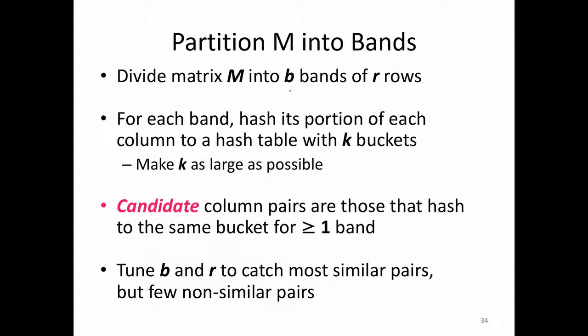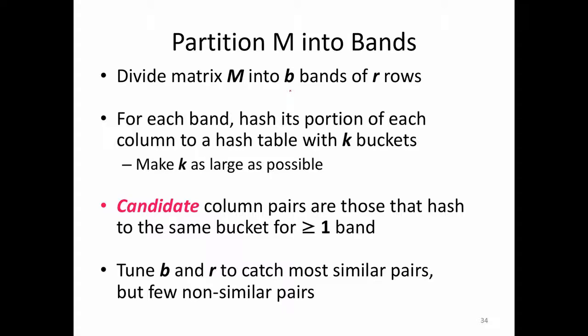Two buckets match only if all r of the integers in those buckets match. Now, a pair of columns are candidates if they match in at least one of the bands of their min hash. Remember, they have b bands.